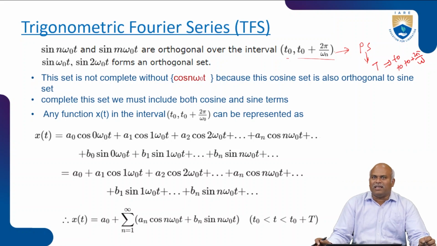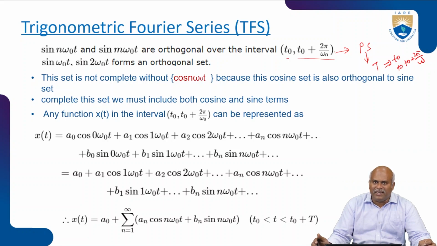This set is not complete without cos n omega 0 t, because the cosine set is also orthogonal to the sine set. We should complete this set, so we must include both cosine as well as sine terms.